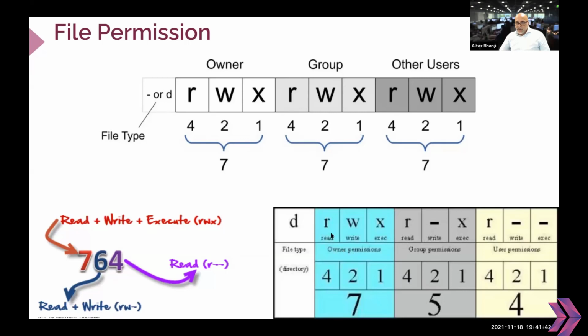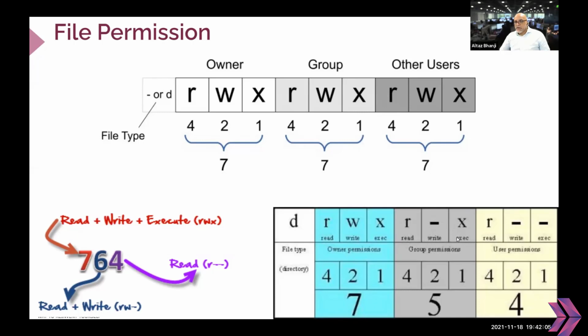Okay, but look at this example here. Here I've got RWX, so that's 4, 2, and 1, that's 7. This one I've got 4. I don't add the 2 because there's a dash here, so it's just 4 plus 0, and then I'm going to add the 1 because I've got an X here.